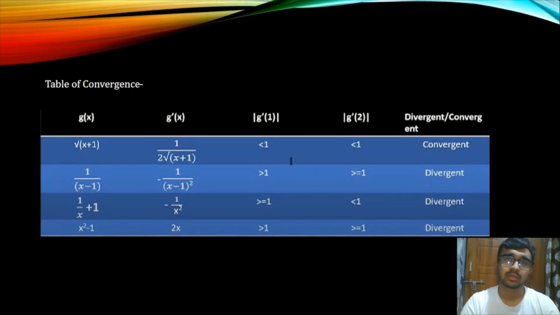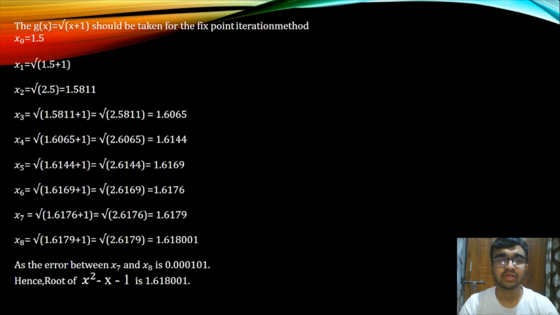So hence we can say that g(x) equals under root x plus 1 is the best fit g(x) that we need. Because it is convergent, we would further our calculation with this g(x).